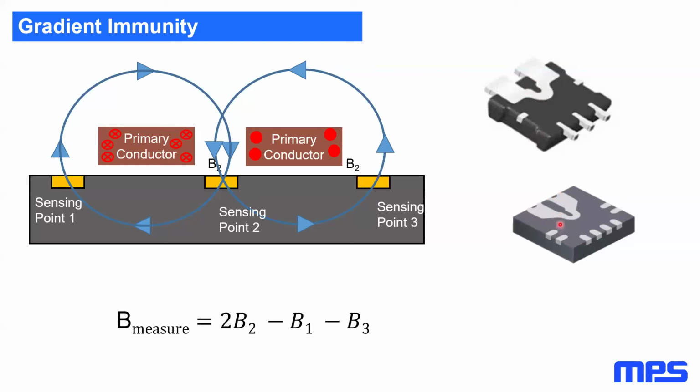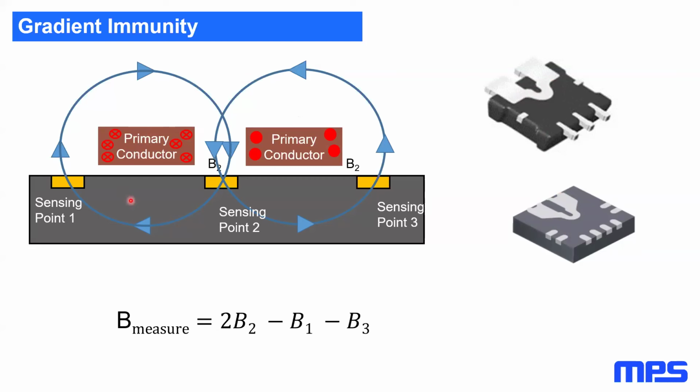If we place one Hall sensor here, one in the middle, and one here, so same thing here, up here, here, here, here, we have one primary conductor that's going into the screen and then loops around, and this conductor comes out of the screen.